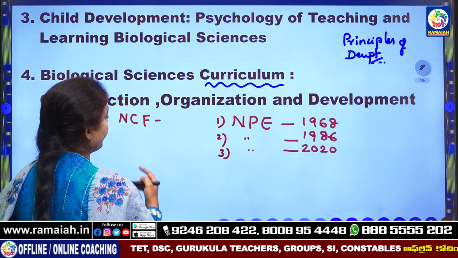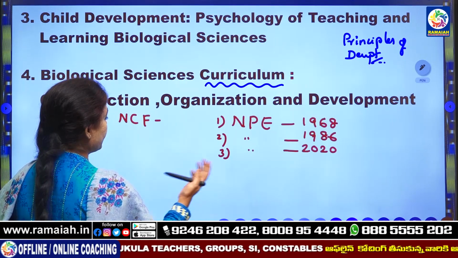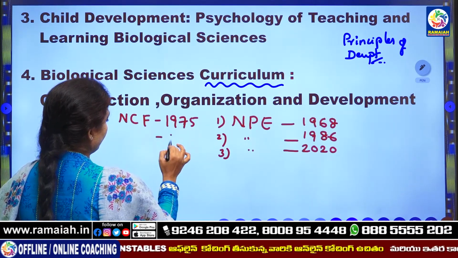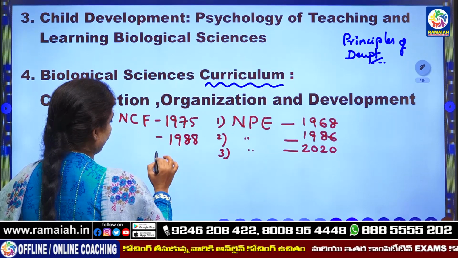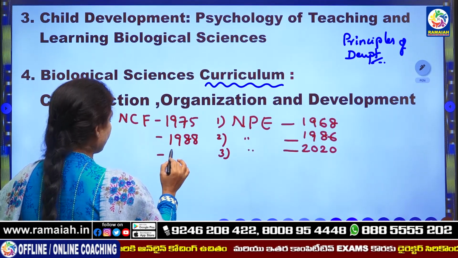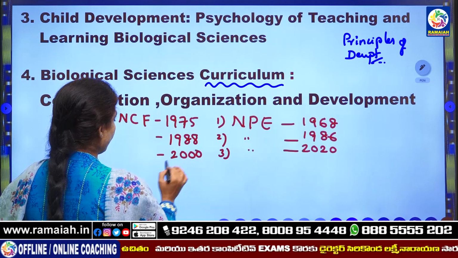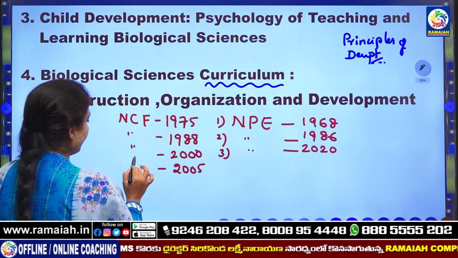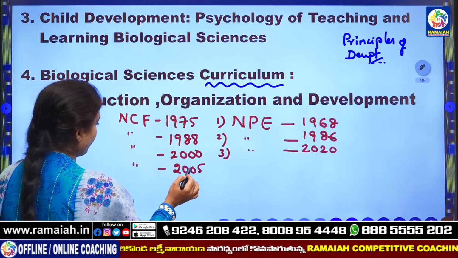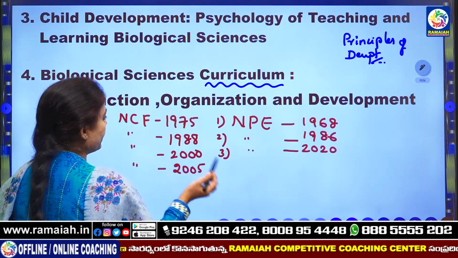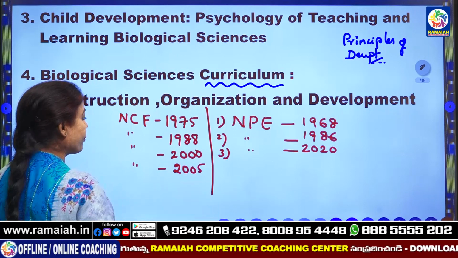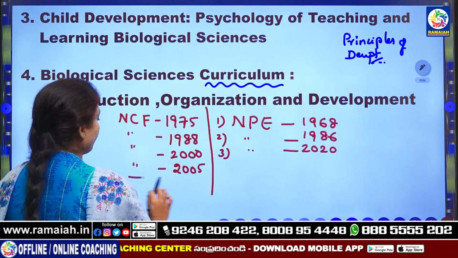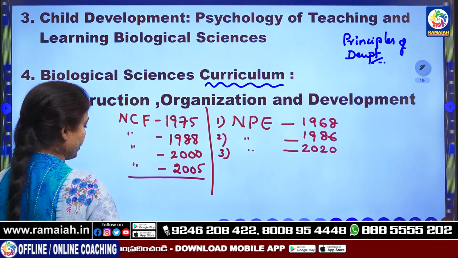They were always established by NCERT. The first in 1975, the second in 1988, the third in 2001, and the fourth in 2005. The recommendations of National Curriculum Framework 2005 are strictly being implemented in our school education. Of course, our methodology changed because of the National Curriculum Framework 2005 recommendations only.